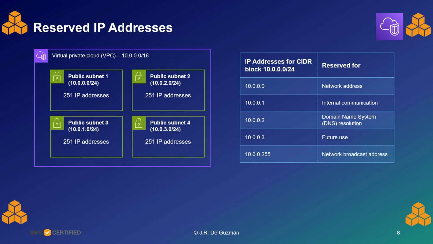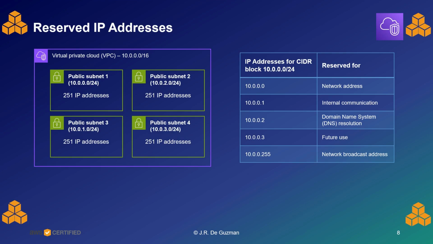Next, the IP address for DNS resolution, or Domain Name System. And the third is reserved for future use, and the last is the network broadcast address.